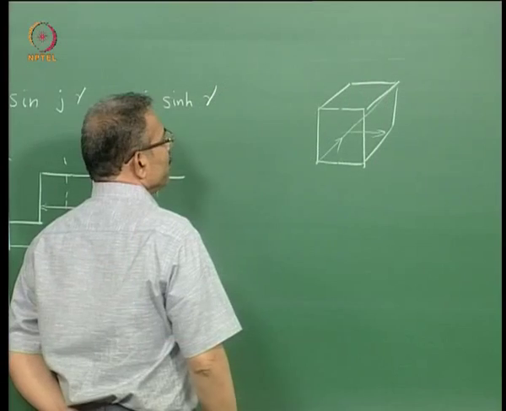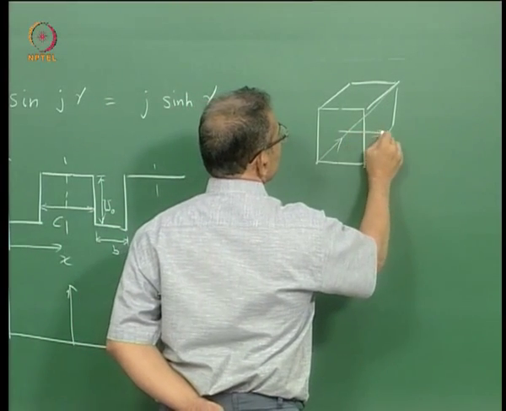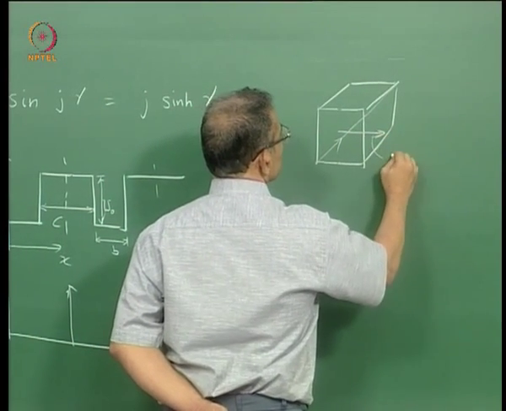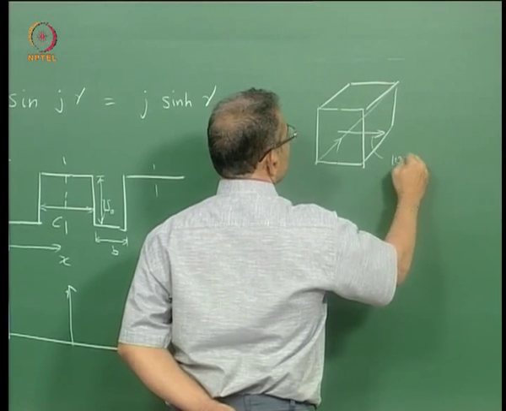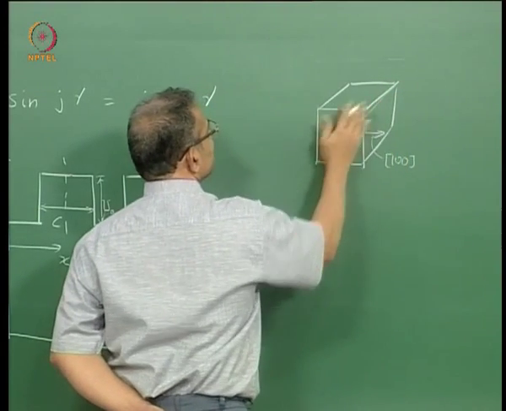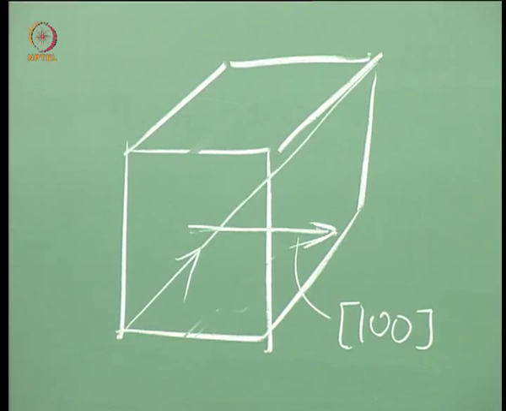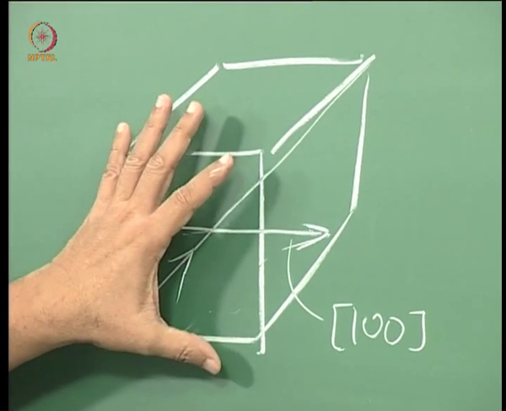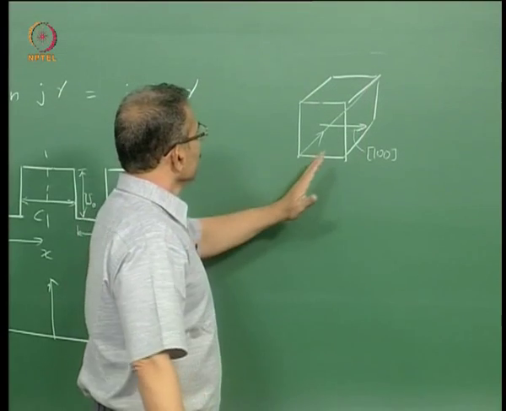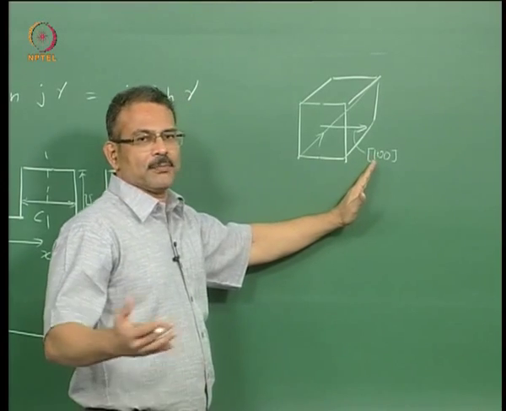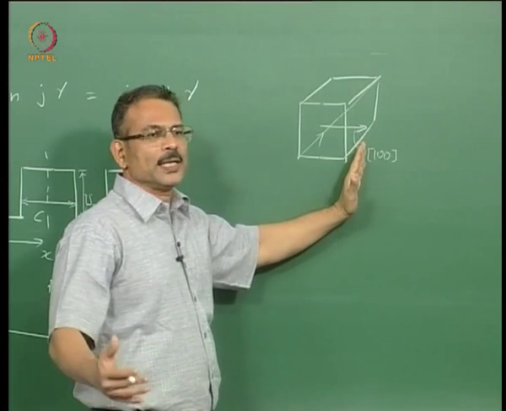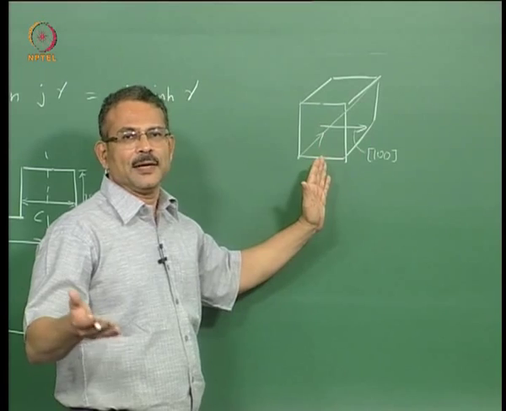Now this is the direction that is called 1 0 0. It is perpendicular to the faces of the unit cube of silicon. We will not discuss the orientation further. This is just to help you understand that the Ek diagram is different in different orientations.